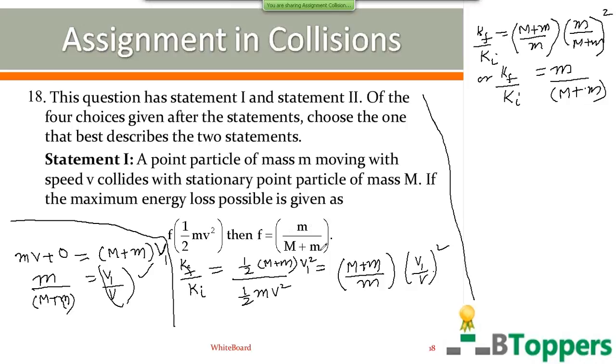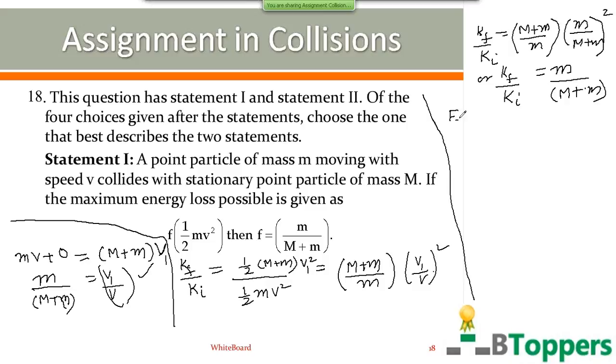So the ratio small m by capital M plus small m represents the ratio of the final kinetic energy just after collision and the initial kinetic energy just before collision. But the kinetic energy loss is given as small f into half m v square. So definitely statement 1 is not correct. But still I would like to calculate the true value of small f here, not just finding whether statement 1 is true or not.